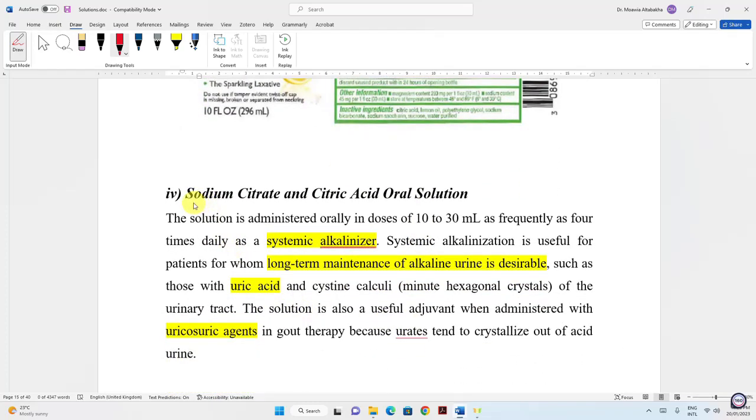We also have another oral solution, and again this might be in the form of a powder, a sachet, which you need to dissolve, and it's usually effervescent. You have the sodium citrate and citric acid solution. Now, when you see citrate, know that this is an alkaline.